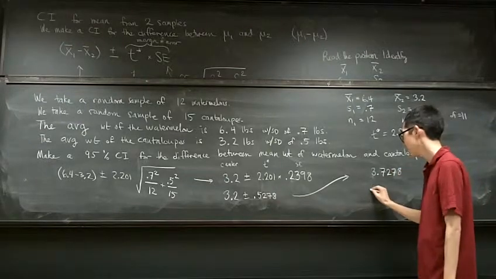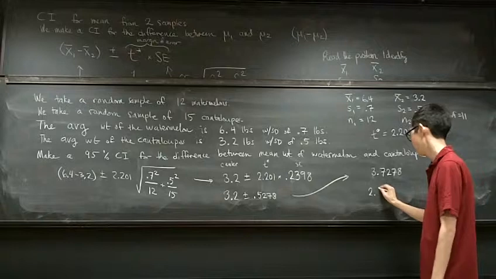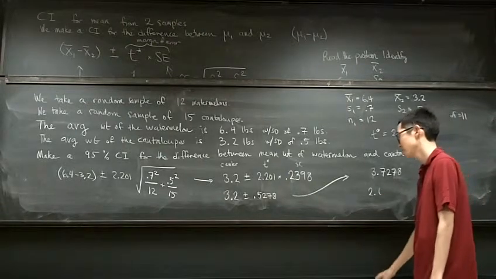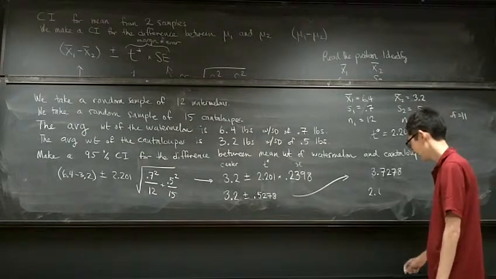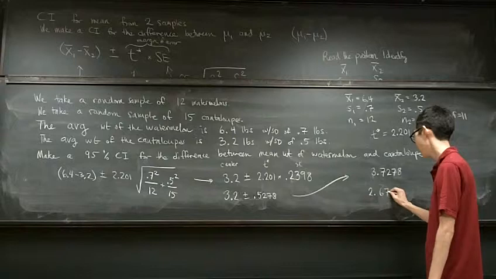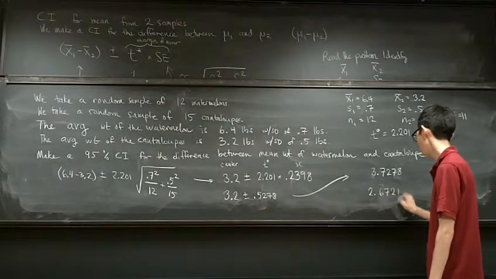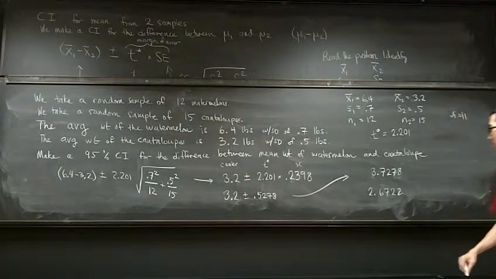And then on the other end, I get 2 point, what is that? 2.6729, okay, 0.2395, 672122. Good enough. Yep.